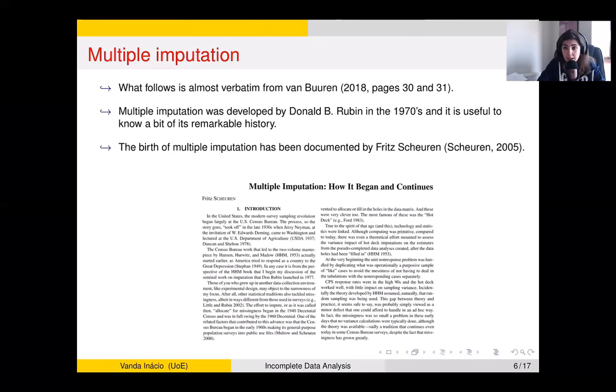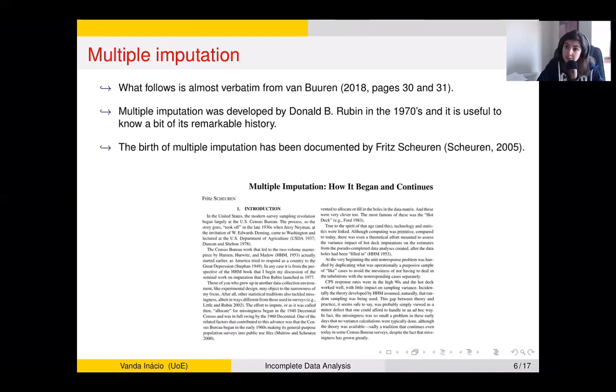Rubin is basically in every topic that we are covering here. Rubin made the fundamental contribution. He was the one coming up with the classification of missing data into missing completely at random, missing at random, and missing not at random. Then we have also the distinction between missing data mechanism and missing data pattern.